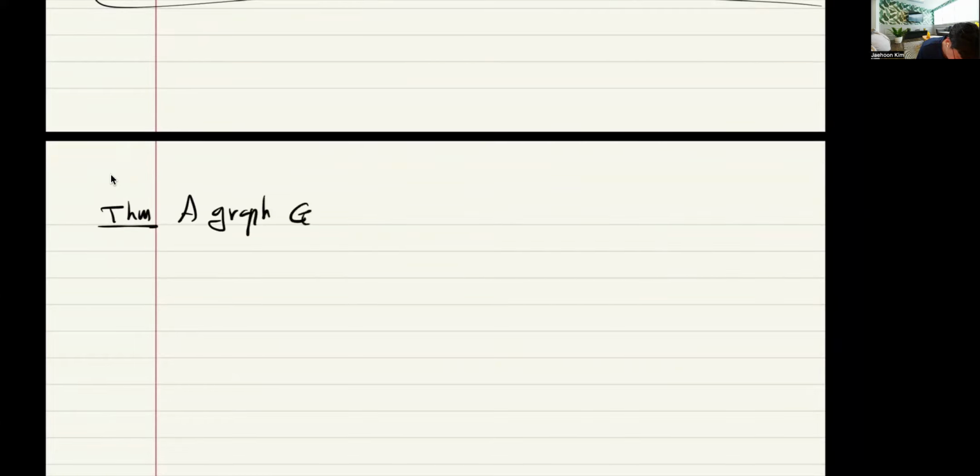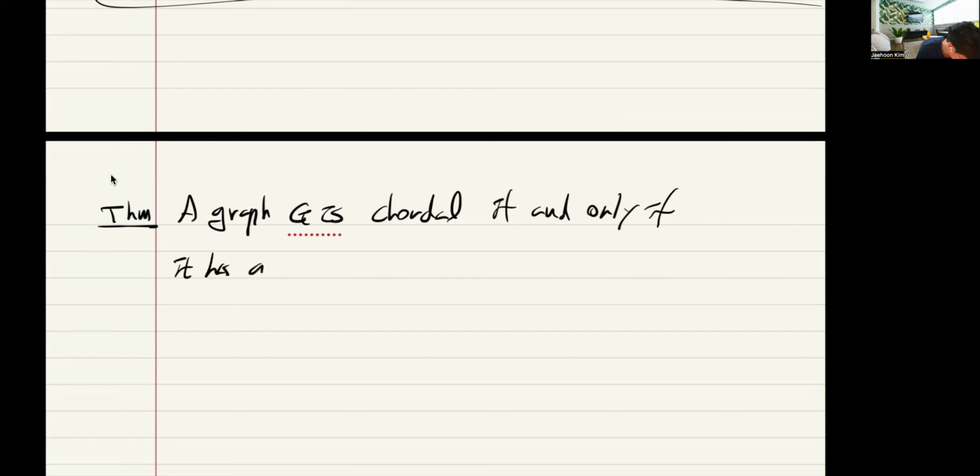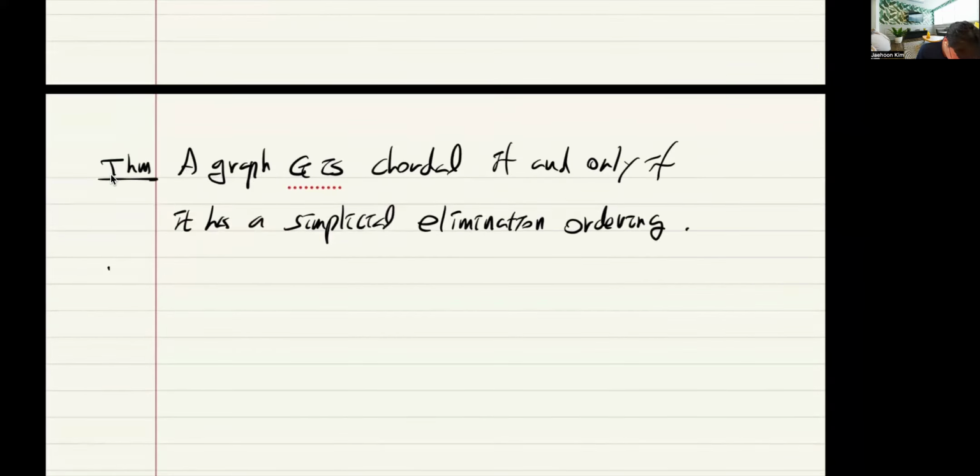A graph G is chordal if and only if it has a simplicial elimination ordering. So if your graph is chordal, then you can find the simplicial elimination ordering. And if you can find the simplicial elimination ordering on the graph, then your graph must be chordal.